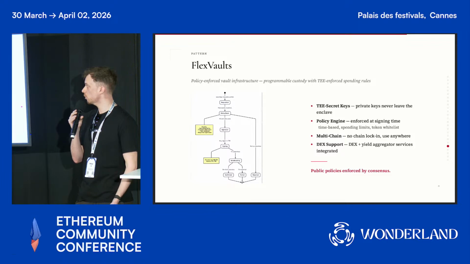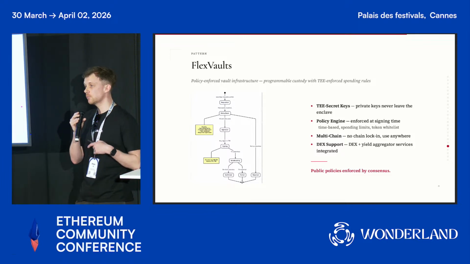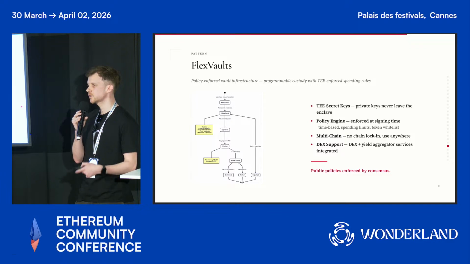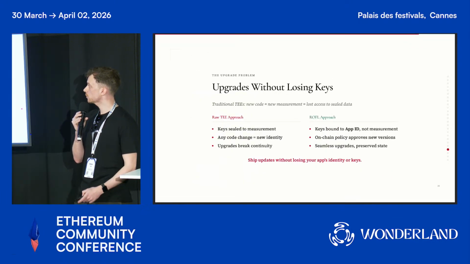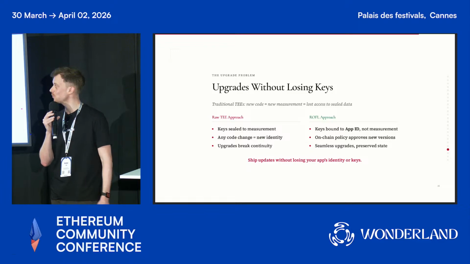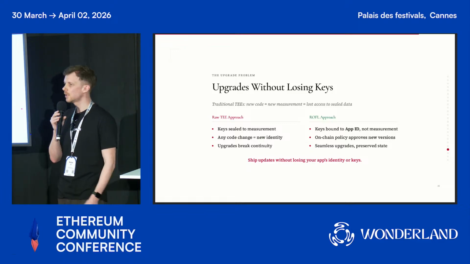There is DEX support integrated into it. And here again, Oasis Network is only used as a security for this software. This is not limited to Oasis Network in any way. The idea is that you interact with other chains through this. And if you want to learn more about Flex vaults, Nino is here. He's our product lead on that. And there's also a side event we have today where we'll talk more about this.